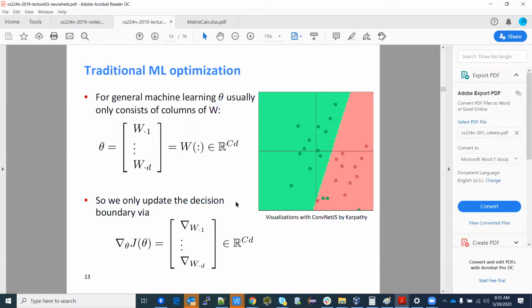Okay. Sorry, just one much simpler question. In theta, the top equation, what's the reason why we have W.1 through W.D? The reason is that they're arranging it. Normally, as someone just before me explained, the weights are organized into a matrix. But for the purposes of this discussion, they're organizing the weight matrix into a column vector.